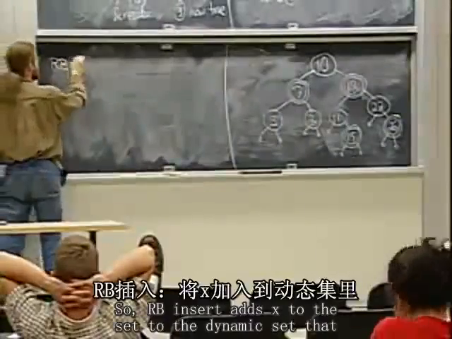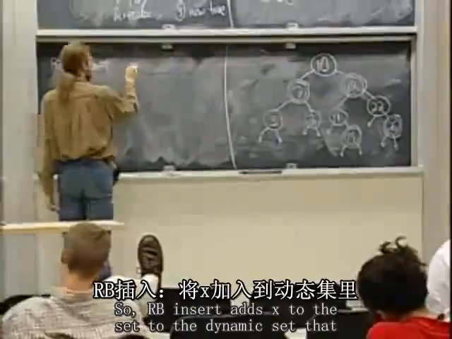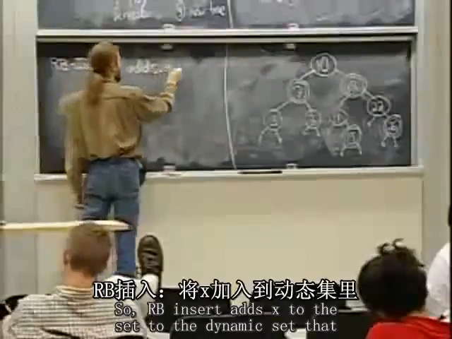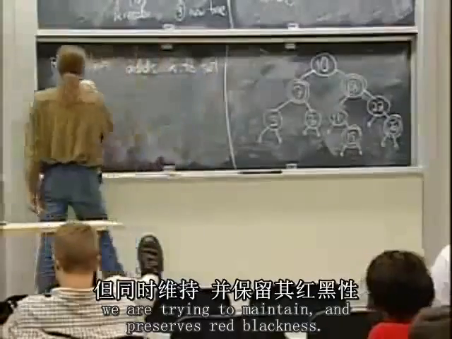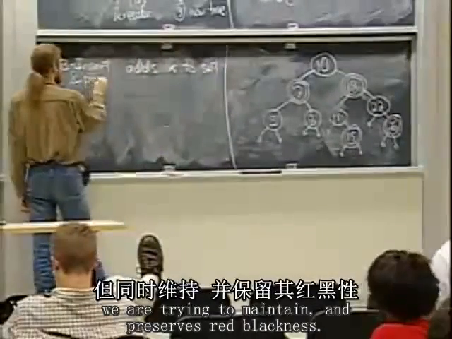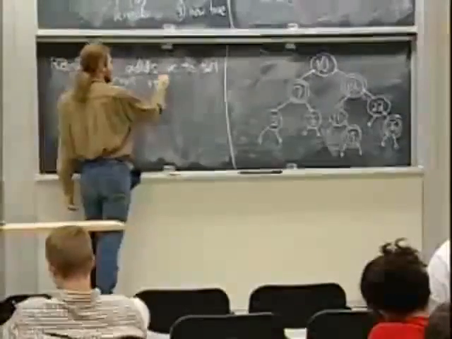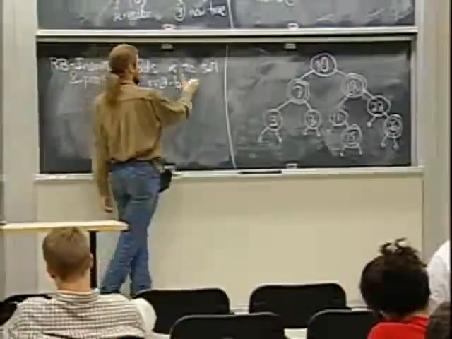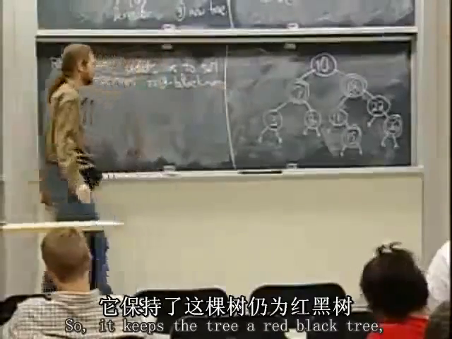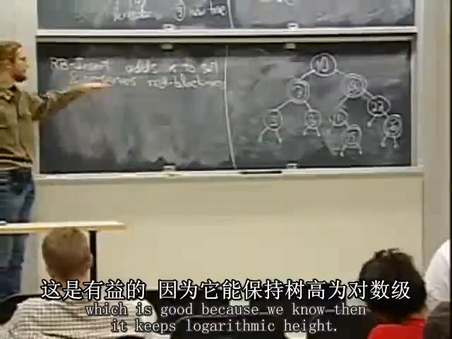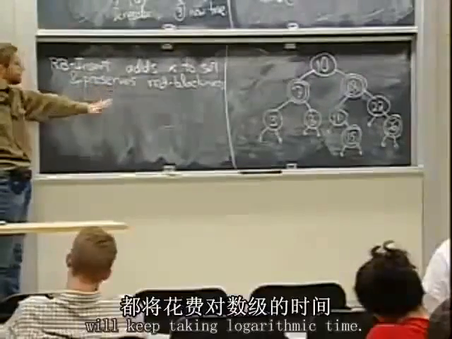So RB insert adds X to the dynamic set that we're trying to maintain, and preserves red-blackedness. So it keeps the tree a red-black tree, which is good, because that means we know then that it keeps logarithmic height.